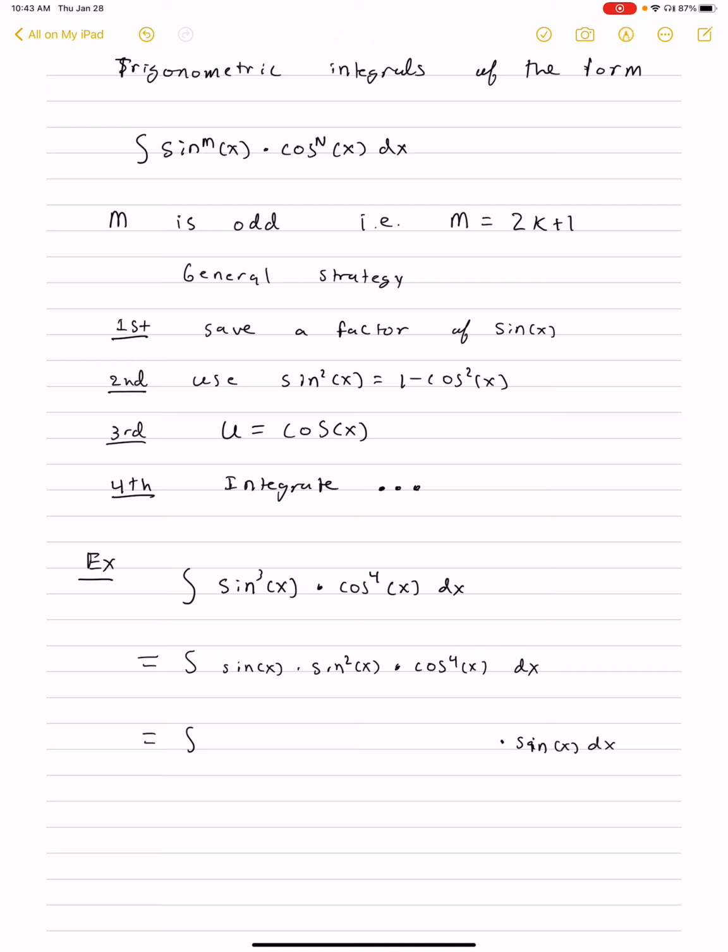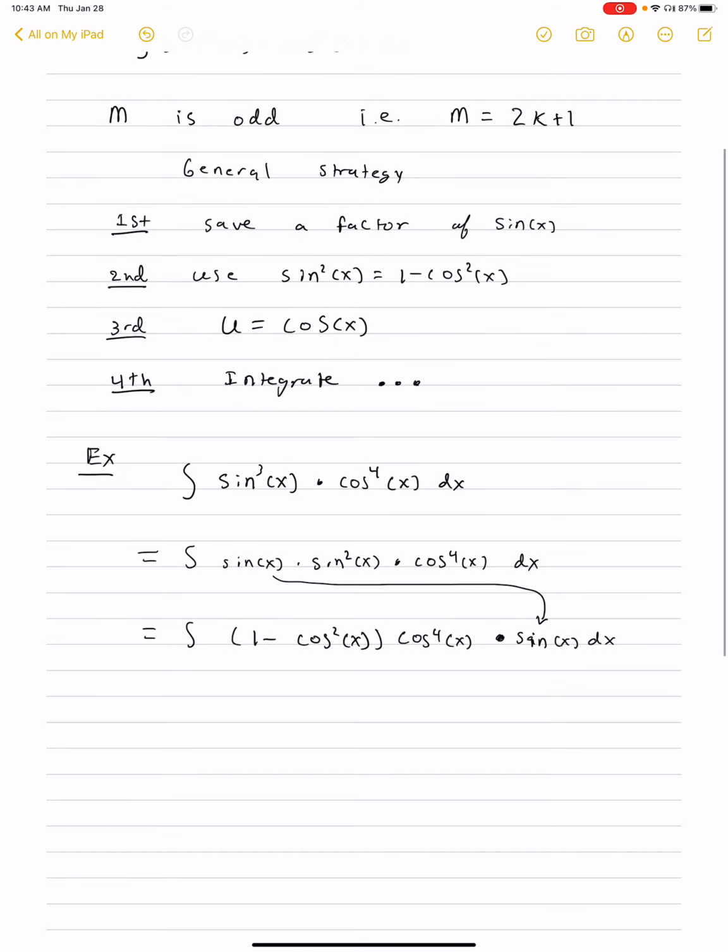I'm going to have cosine to the fourth of x over here. So I just moved this factor over here. Then I need to multiply by sine squared of x. But in my second step, I use the identity that sine squared of x is 1 minus cosine squared of x. Okay. Now we're ready for my u substitution.